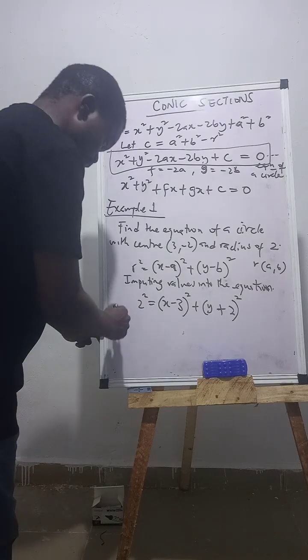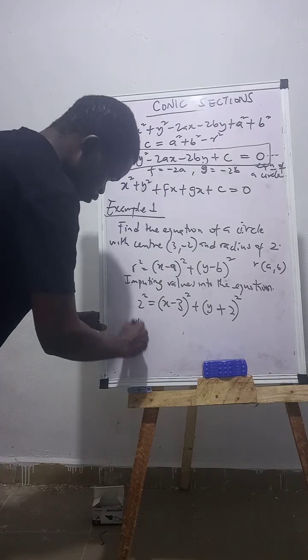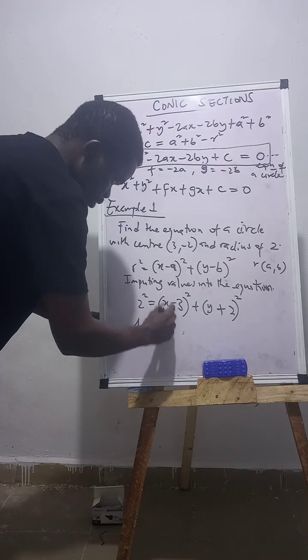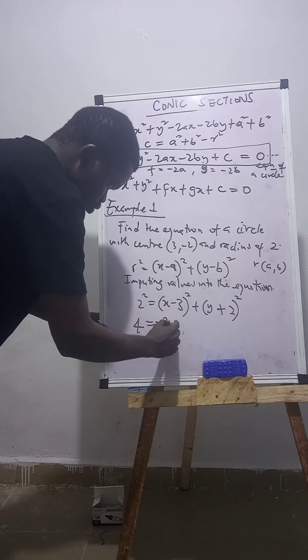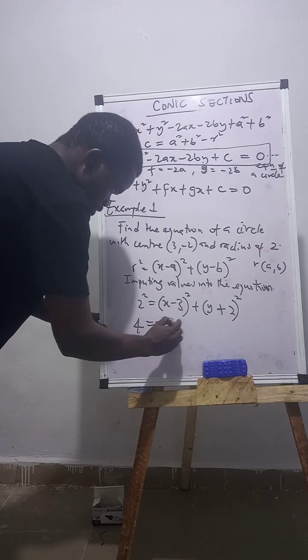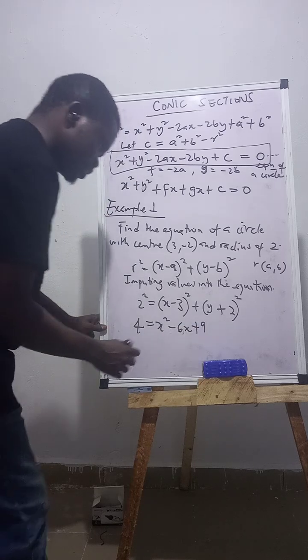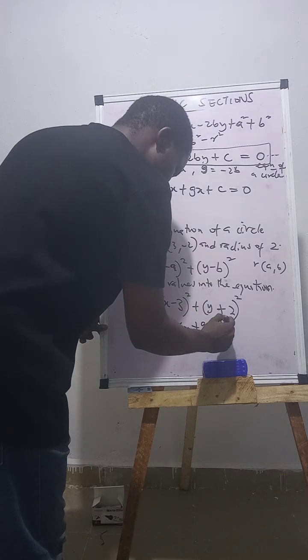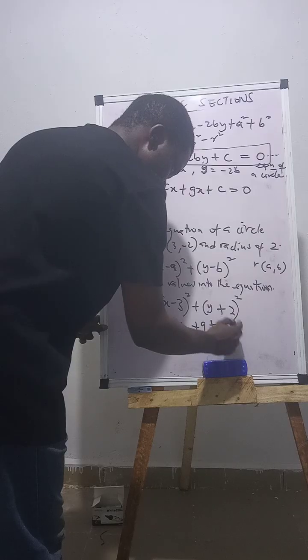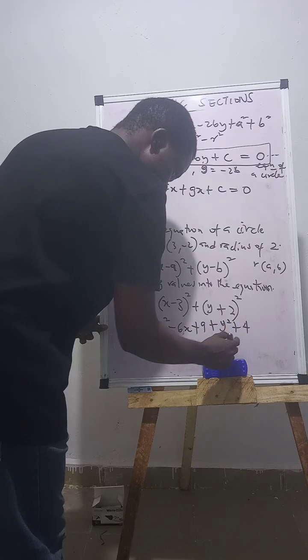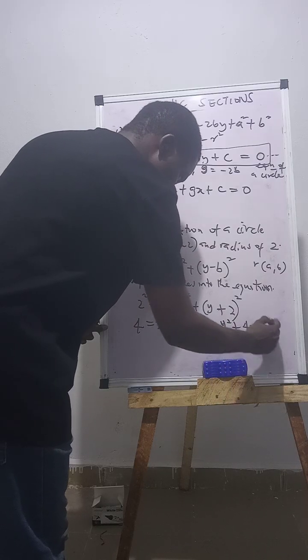Expanding this, we have 4 equal to x squared, this one times 2 is minus 6x, plus 9, plus y squared plus 4y plus 4.